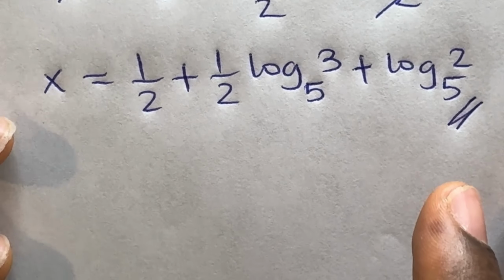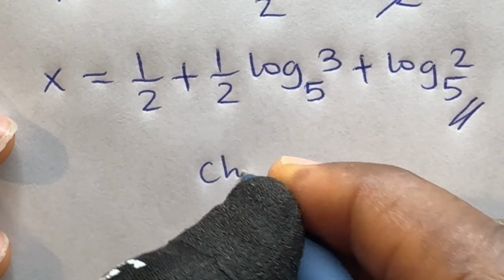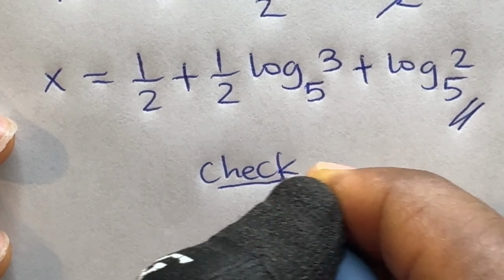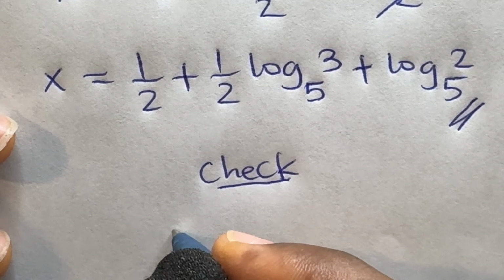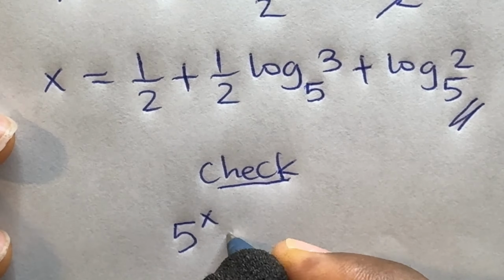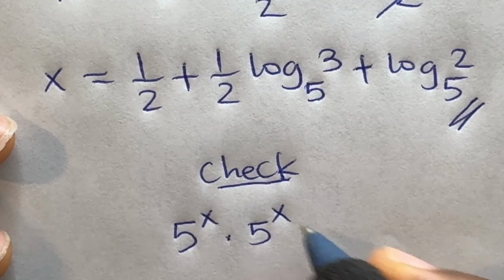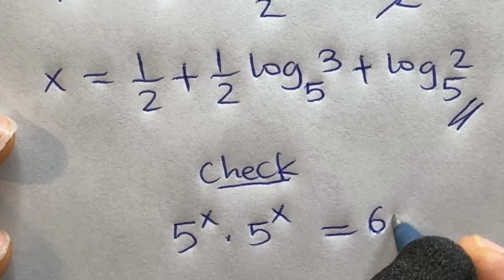Now we can verify that this is correct by putting it into the problem. 5 raised to power x times 5 raised to power x is equal to 60.